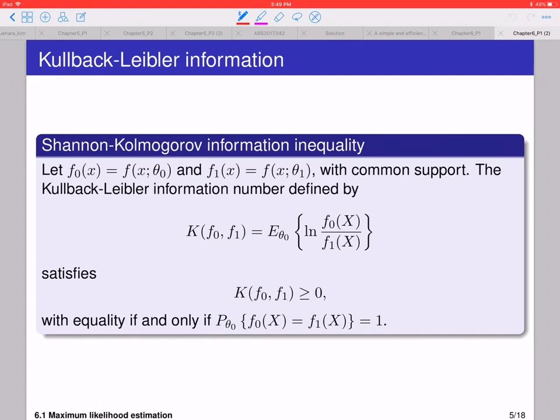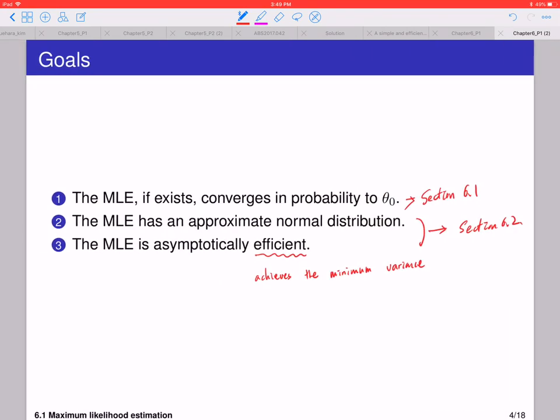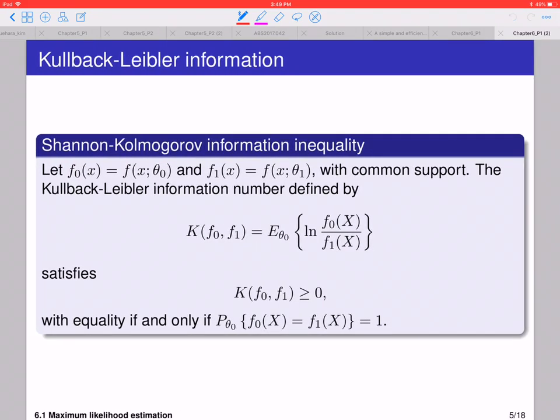To prove the convergence in probability, I'm going to first introduce a very famous concept called Kullback-Leibler information. Kullback-Leibler information is very popular in information theory and computer science.